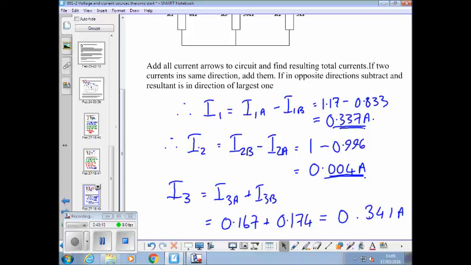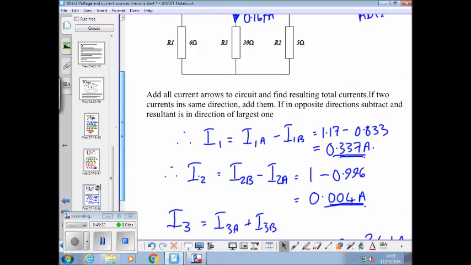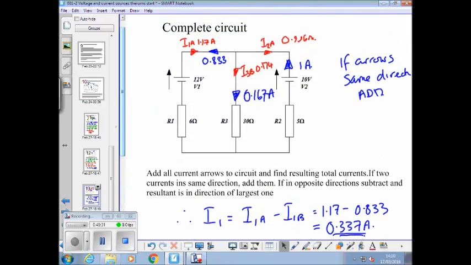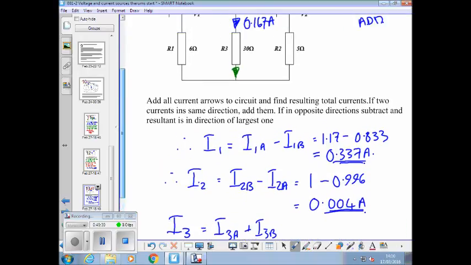Those two top, I1 and I2, add up to I3. So overall in this circuit, what we've actually got, I'm going to put them in green. The actual currents: I3 is 0.341.